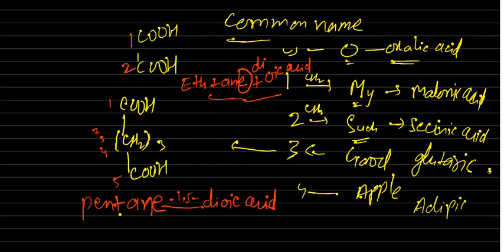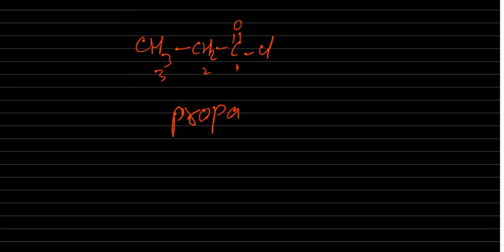Suppose I am taking a three carbon acid chloride. Example, CH3 CH2 C double bond O Cl. In this case, what is the name? 1, 2, 3. So propane plus oyl chloride.